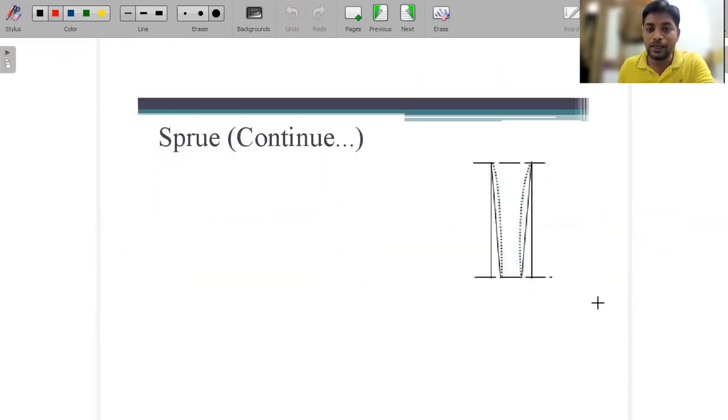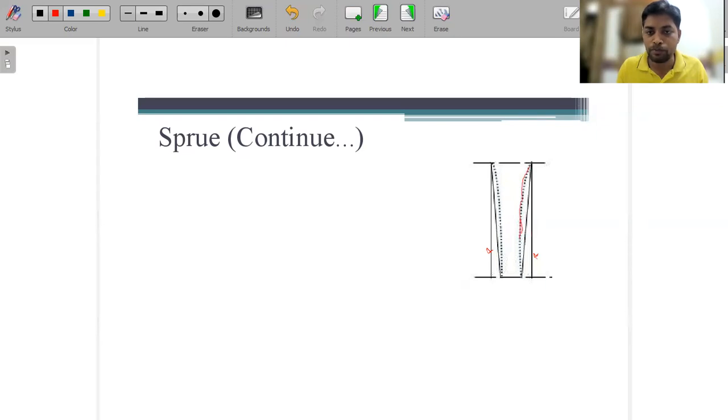So if you see the exact shape of this sprue, initially we considered that it should be of constant diameter, but it is not exactly like that. We have to consider it as a taper. Exactly, it is not a taper, but it is parabolic in shape.